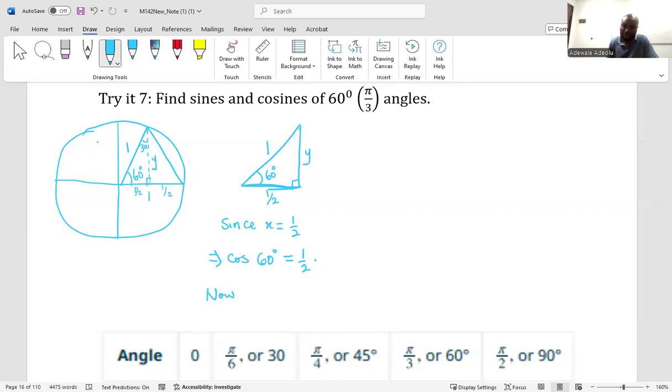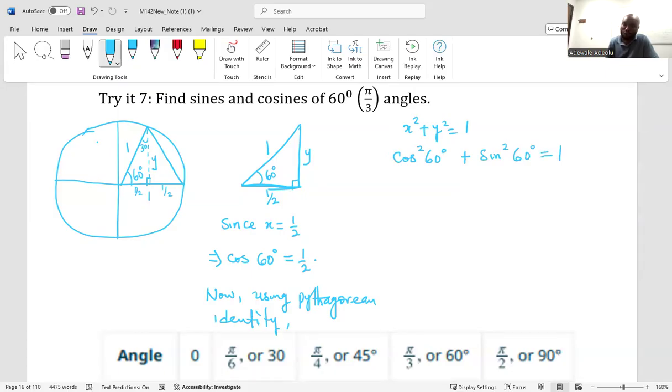Now, using the Pythagorean identity, we know that x squared plus y squared equals 1, which is the same thing as cosine squared of our angle, in this case 60 degrees, plus sine squared of 60 degrees is 1.